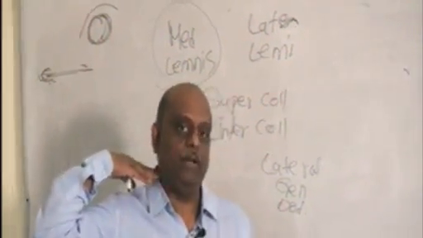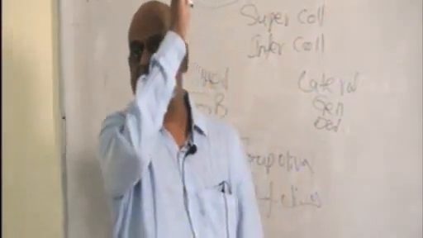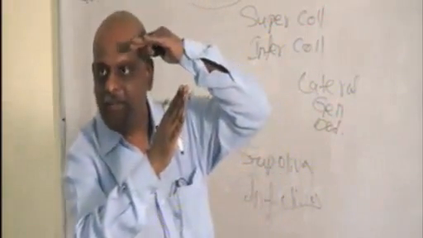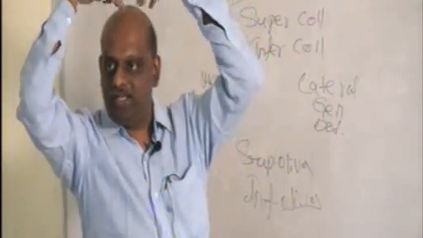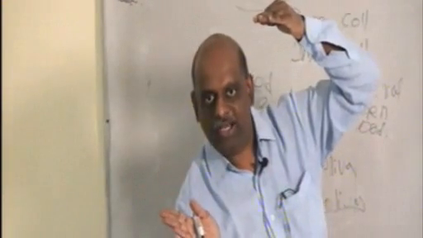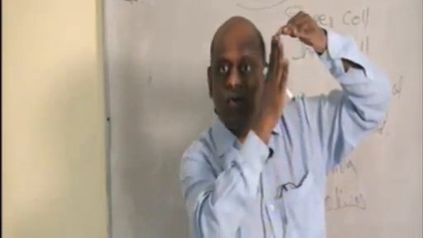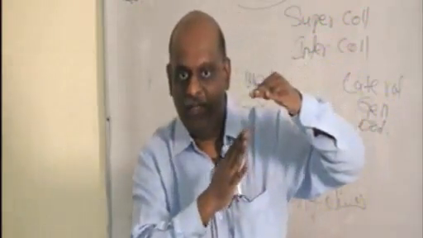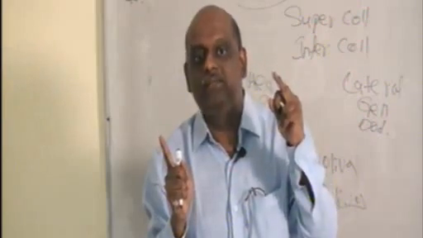Dorsal columns carry position and vibration sense. They reach the lower medulla. At the lower medulla they undergo decussation. And where are they journeying to? They are journeying to the thalamus, and from the thalamus they are relayed to reach the sensory cortex. So between the lower medulla, where they decussated, and the thalamus, that path is called the medial lemniscus.